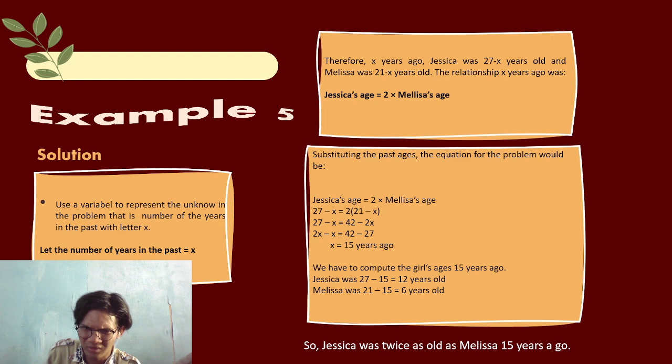We add 2X to both sides, and we subtract 27 from both sides. So we got X is 15 years ago. We have to compute the girls' ages 15 years ago. So Jessica was 27 minus 15 is equal to 12 years old, and Melissa was 21 minus 15 is equal to 6 years old. So Jessica was twice as old as Melissa 15 years ago.